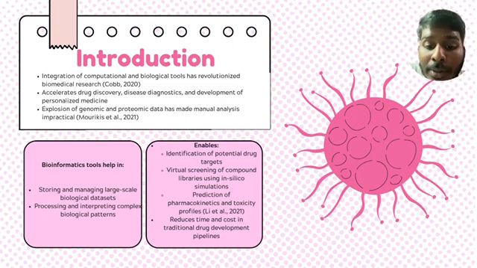In drug discovery, bioinformatics allows us to identify potential drug targets and conduct virtual screening of compound libraries through in silico simulations. These methods are highly efficient, enabling researchers to predict pharmacokinetics and toxicity profiles before clinical trials even begin. According to Lee et al. in 2021, this significantly reduces the time and cost involved in traditional drug development pipelines.